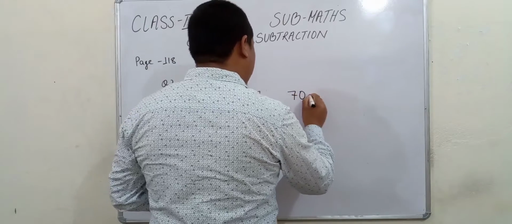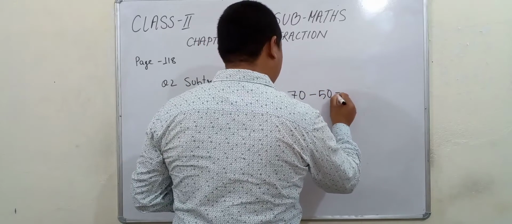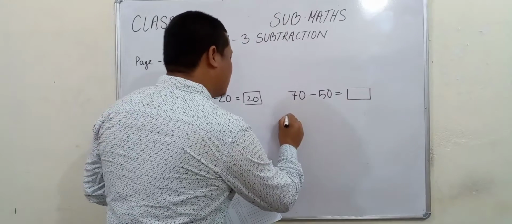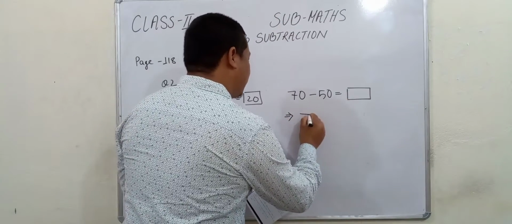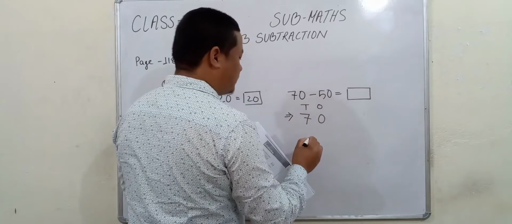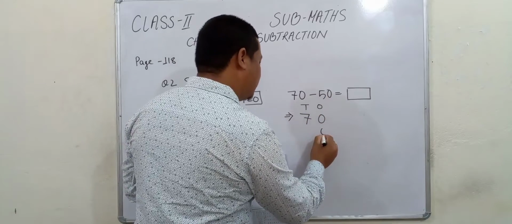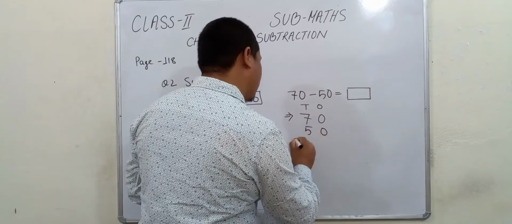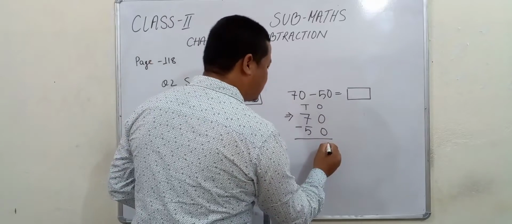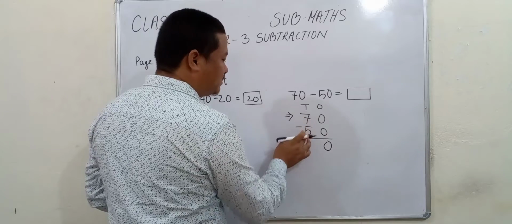Next, 70 minus 50 equal to how much? Look, 0 is ones place and the other is tens place. Once you know place value, so 50, 0 will be here and 5 will be here. And I told you that 0 minus 0 is 0. 7 minus 5.